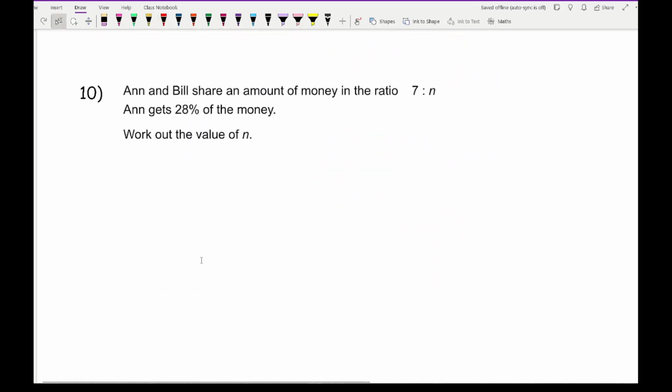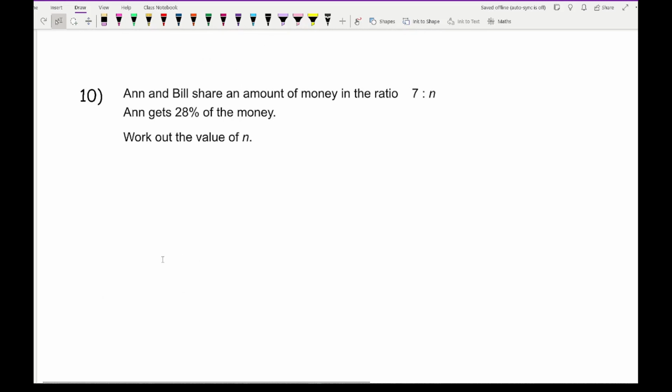Then moving on to question 10, it says Anne and Bill share an amount of money in the ratio of 7 to n, and Anne gets 28% of the money. Work out the value of n. So from this, we know that 7 parts equals 28%. So that means that 1 part is going to equal 4%.